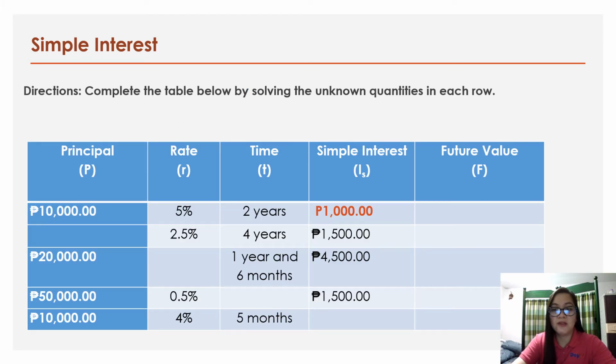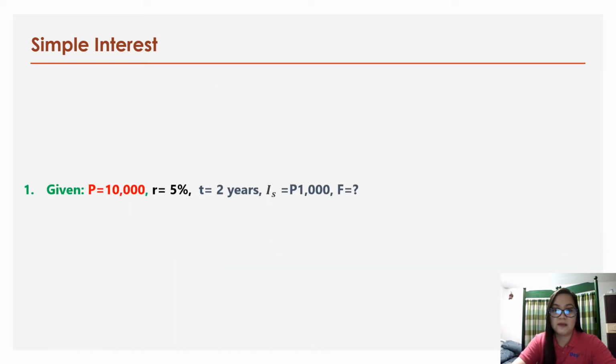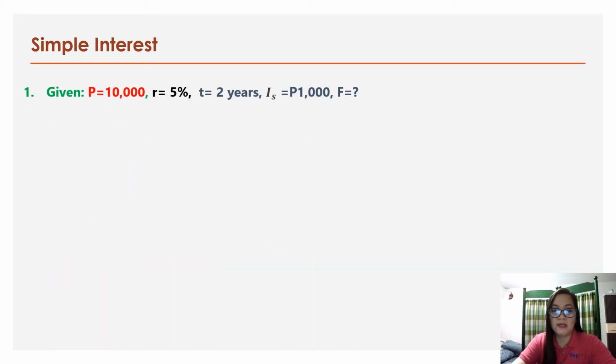Next, we're going to solve for the future value, or the letter F, in the same column. So these are the given. P equals 10,000, R equals 5%, T is 2 years, I sub s is 1,000, and solve for F.